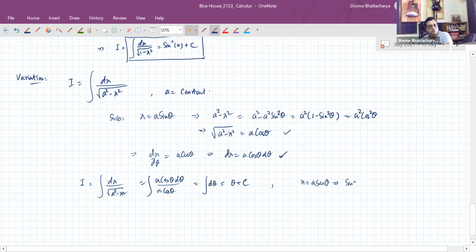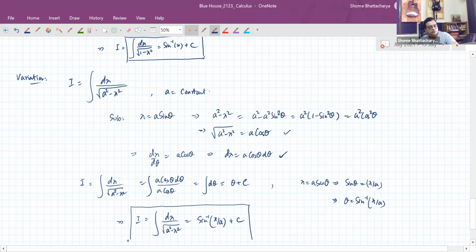So that means sine theta is x by a, which means that theta is sine inverse of x by a. So finally, the integration or the antiderivative of this becomes sine inverse of x by a plus c, and again you can verify this later by doing differentiation by chain rule.